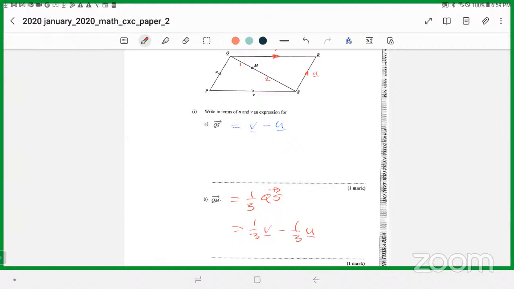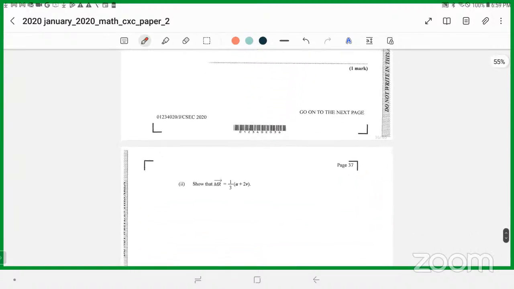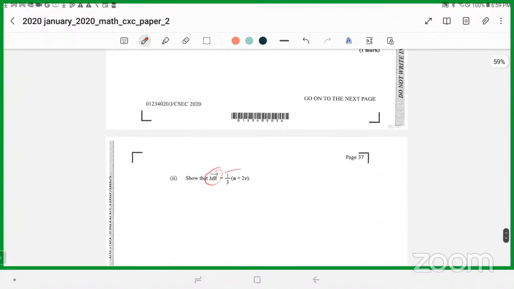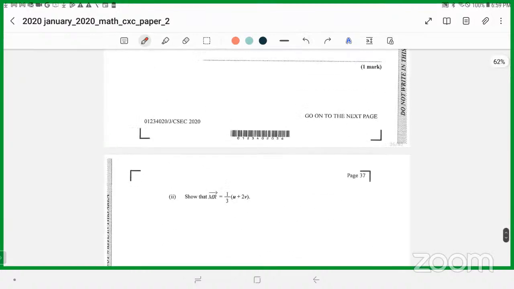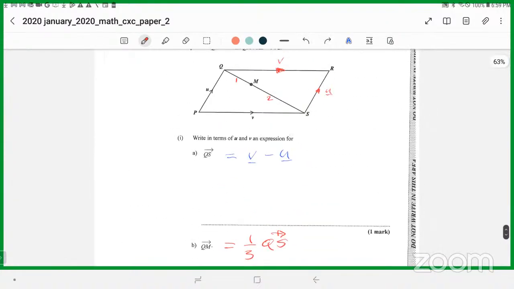All right. Next part. Wants us to calculate or to show that MR is this. MR. Let's look at the diagram. MR. All right. MR is this. So basically, to show that MR is equal to this, we just need to calculate MR and express it as that. That's how we need to do MR. So let's look at going from M to R now.